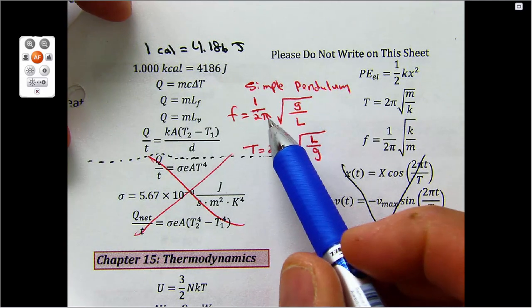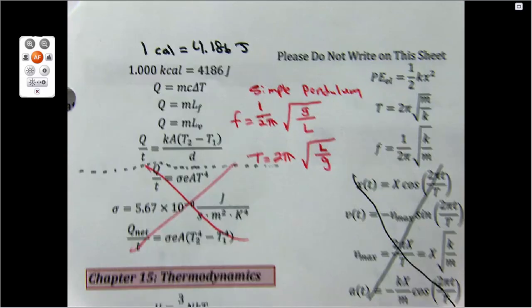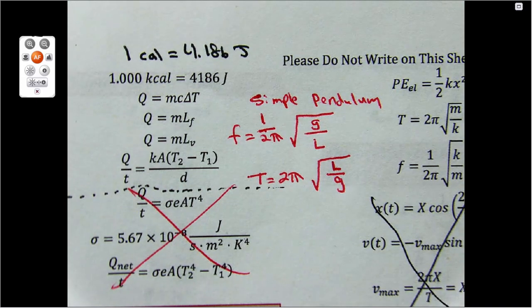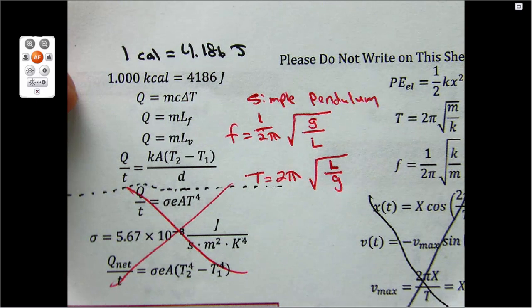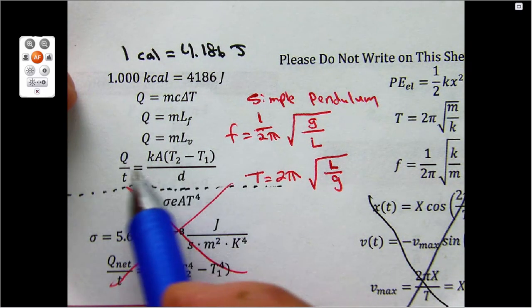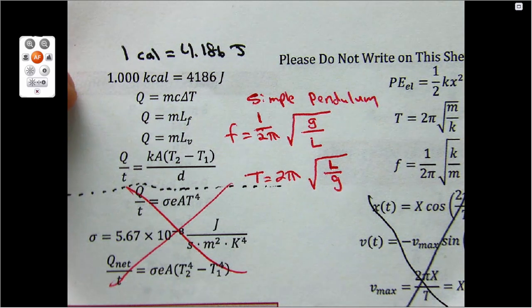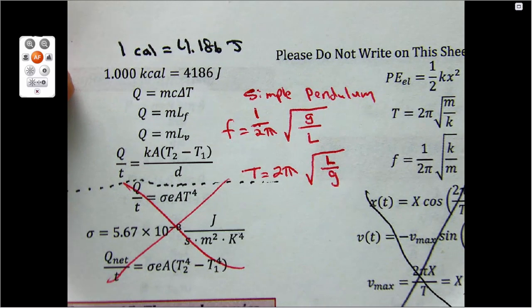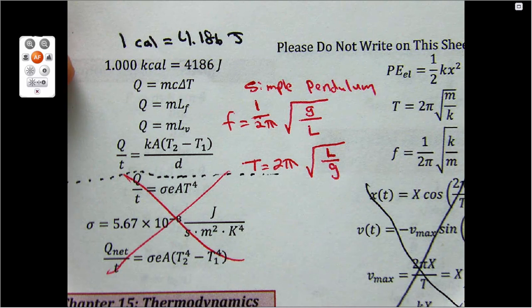One over 2 pi, right here. I don't think that's that bad. You think that's that bad? So we cross this out. Right here's the equation for number 4. L is length, yes.